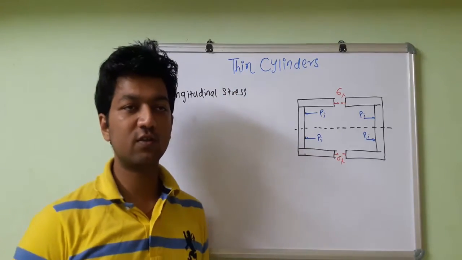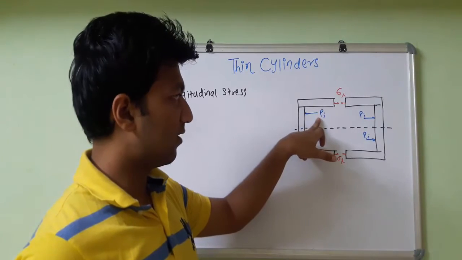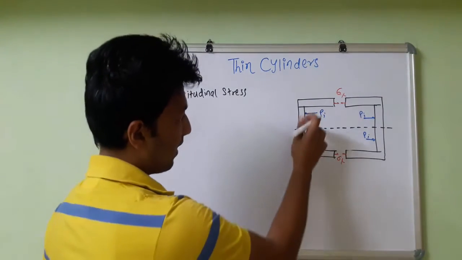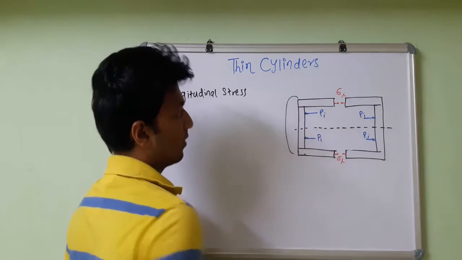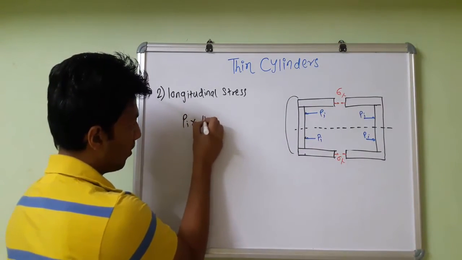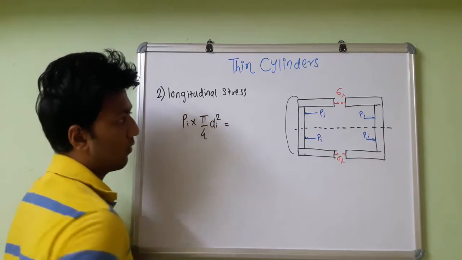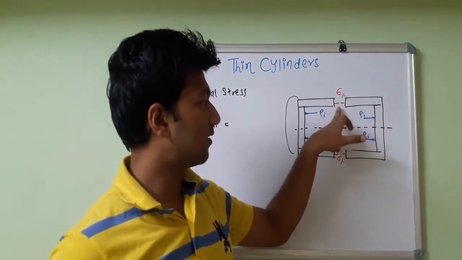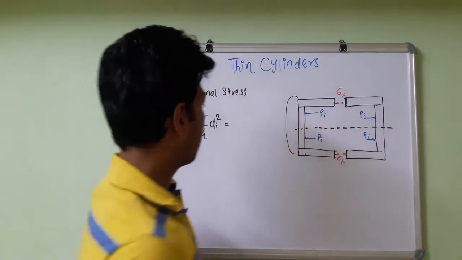To find the longitudinal stress, we again equate the forces. Pressure Pi acts on this circle, so Pi into pi by 4 di square equals sigma L acting on this portion.